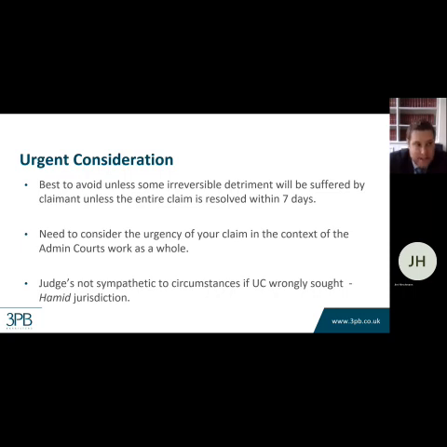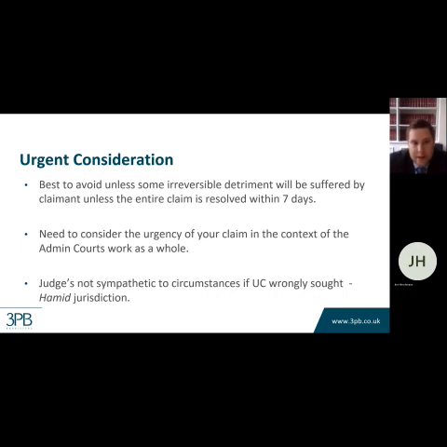However, over the years, that process has been, according to the court, perhaps abused is the right word, more than it should have been, which has led the court to take a more militant view on when claims should be brought by way of urgent consideration. My general view is that it's best to avoid bringing a claim by way of urgent consideration unless, as I've suggested on the slide, there's some irreversible detriment to be suffered by the claimant, unless the entire claim from start to finish needs to be resolved within a week.